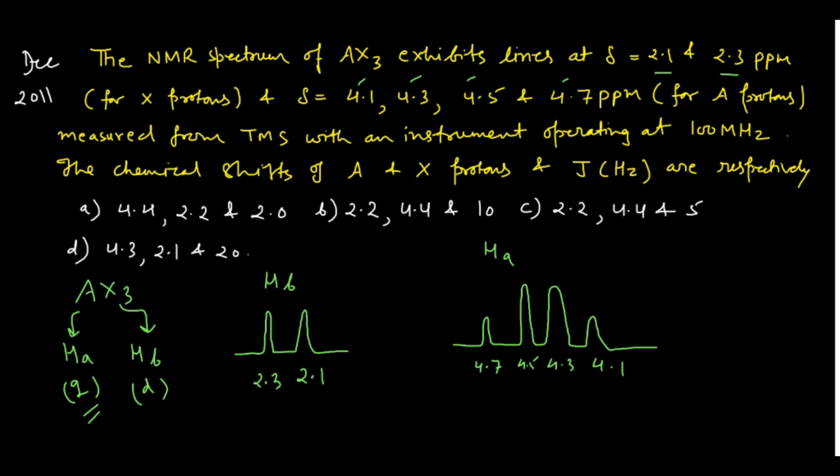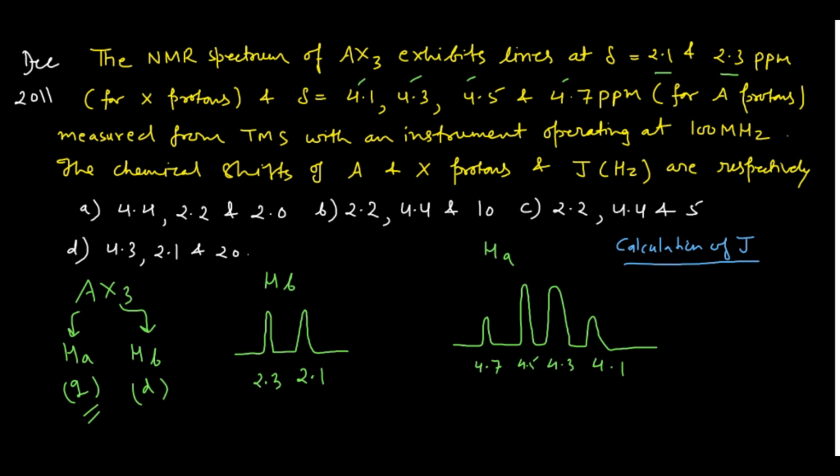Now, first of all you should calculate J. I am writing the calculation of J. I think I have also solved this particular problem in my NMR spectroscopy lecture somewhere, but I am repeating it again. How can we judge the value of the coupling constant?